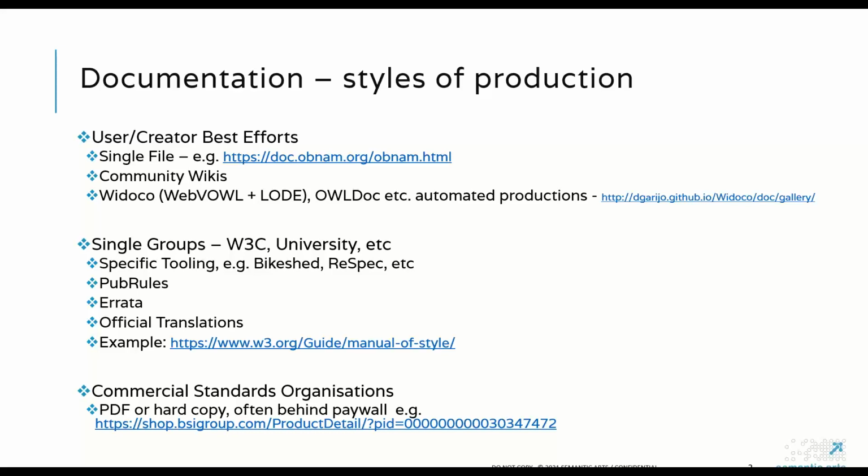So Bikeshed, for example, will work with Markdown, and it also enables the automated connection with GitHub issues and things like that. So it enables you, through the tooling, to pull together some fairly sophisticated documentation with the automated generation of indexes and so on.